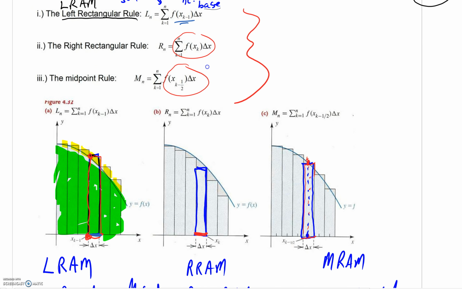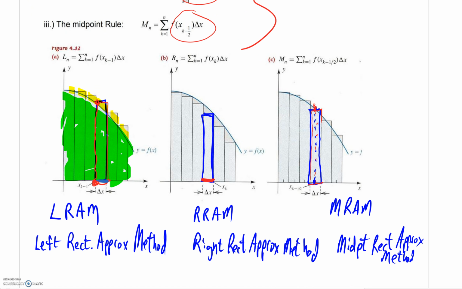Let's take a visual and see what's happening here. I hope you can see we've highlighted this in green. We'd have our rectangles, and we'd always have the same base. That base would be delta x. But the big question is, how do we determine the height? How do we find out how tall that rectangle should be? You can see right here we might have our curve at any endpoint, any base of a rectangle.